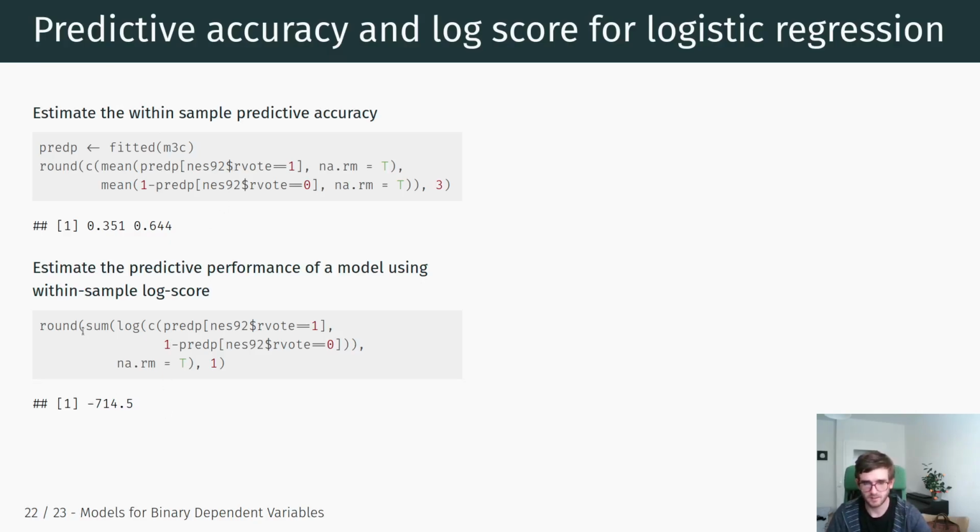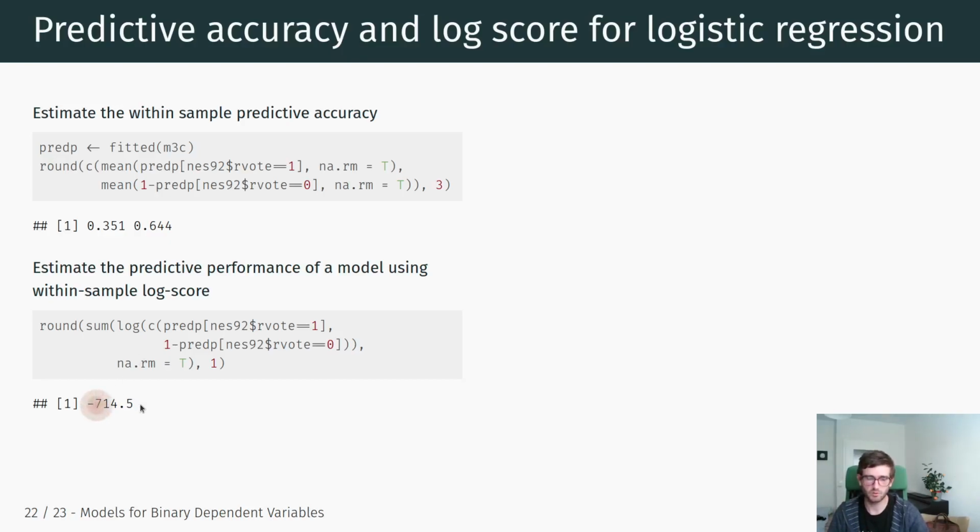This is basically just a transformation of these average predicted probabilities. If we do this for the ANES 1992, we get an average within-sample log score, summing over the zeros and the ones, the actual observed successes and the observed failures.